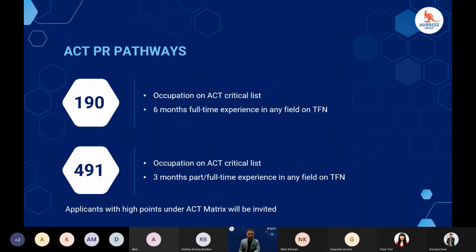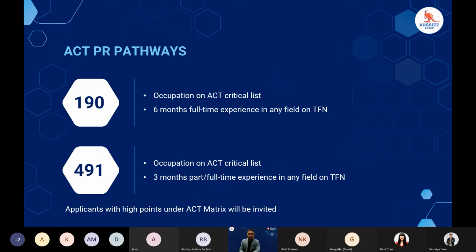After you complete 6 months of full-time work experience, which has to be continuous and without any gap in between, and your occupation is open on the list, then you collect your points and lodge an ACT matrix, which counts your points based on things like living in Canberra, working in Canberra, whether you're working in a nominated occupation or not, and your English language ability.